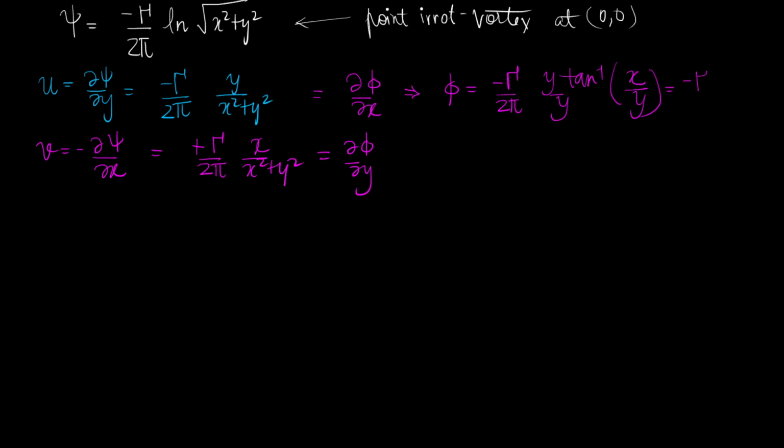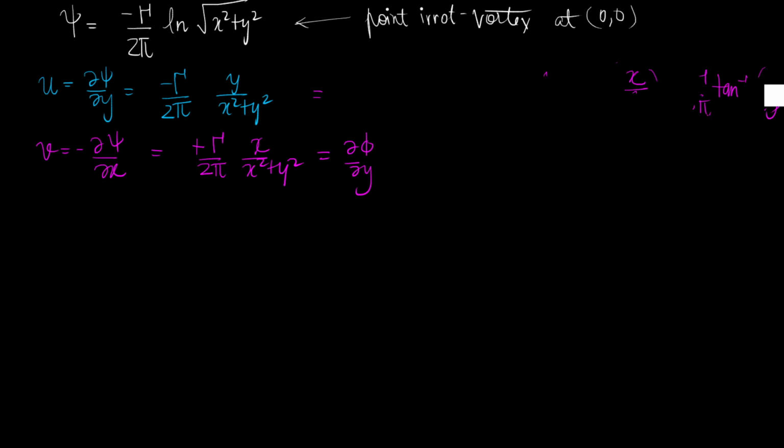So this becomes minus gamma by 2 pi tan inverse x upon y. There will be a constant also. So in fact, let me do it properly.